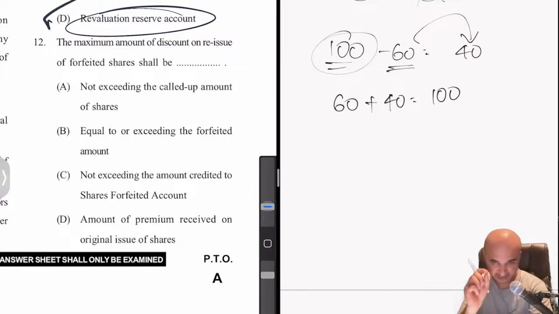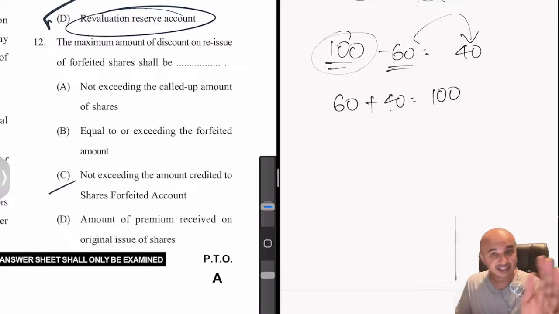The maximum amount of discount on reissue of forfeited shares shall not exceed the amount credited to the share forfeiture account. So whatever we have credited to the share forfeiture account, to that extent we can reissue the shares at a discounted price. So what is the maximum discount? 60 rupees can be the maximum discount, and you can reissue at 40 only, which will still be fine.